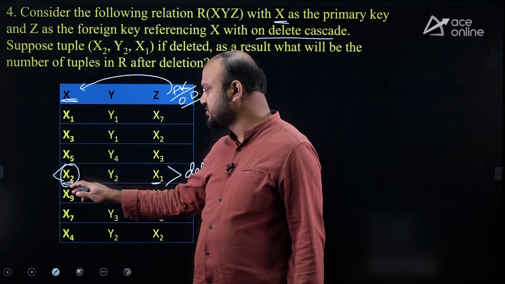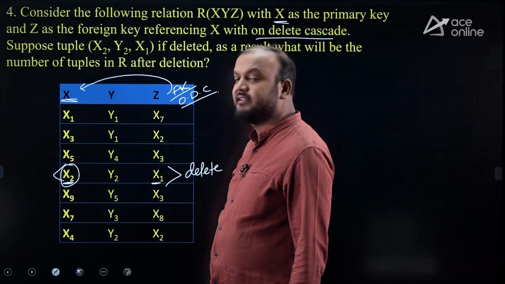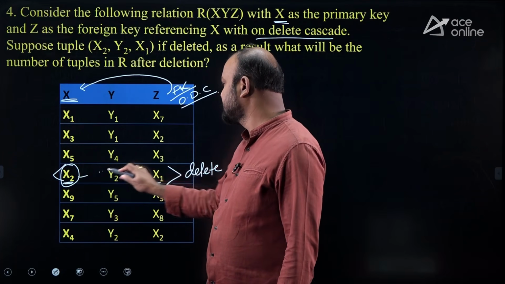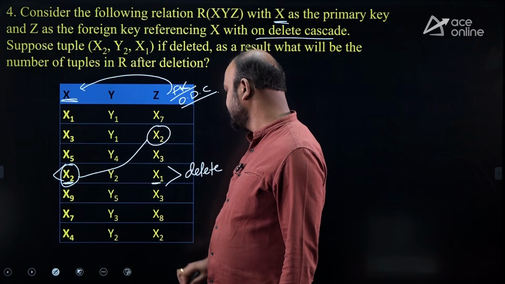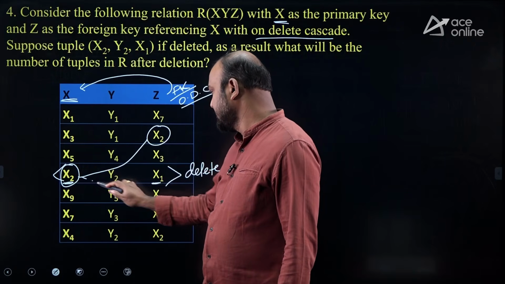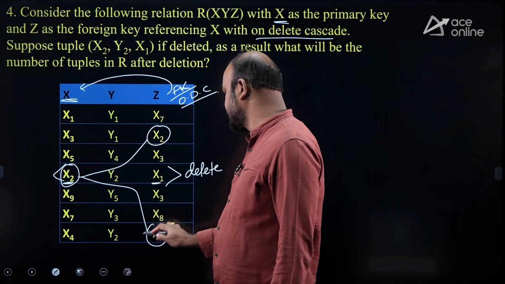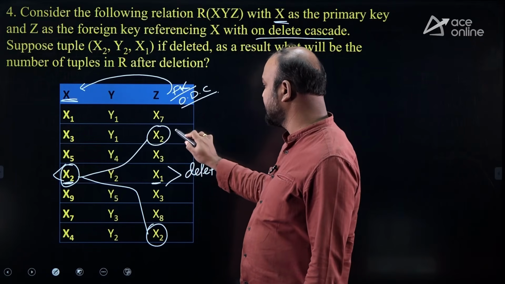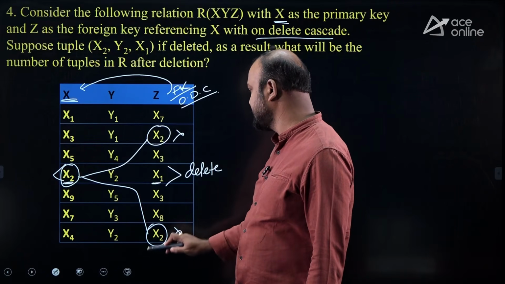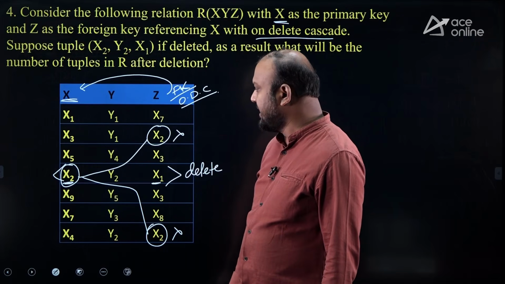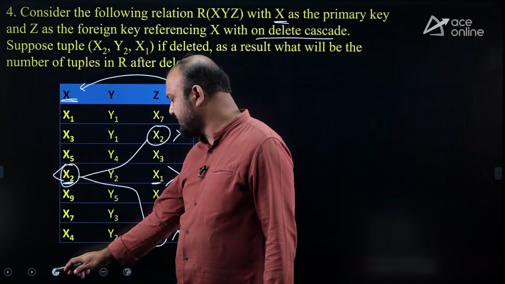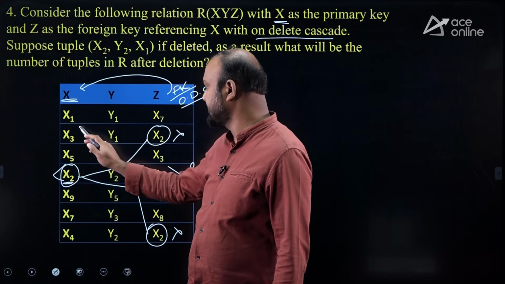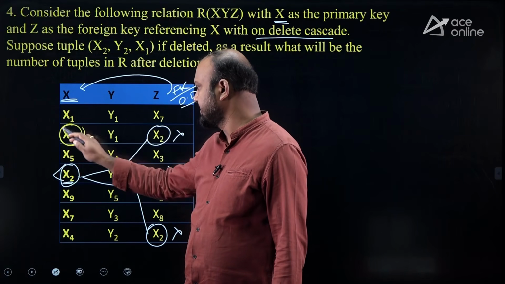It means x2 is in which tuples? In the z column. x2 is here, x2 is here also. In these two places x2 is there. So this tuple is to be deleted, this tuple is also to be deleted. And look at the deletion of this tuple, causing deletion of x3 here.